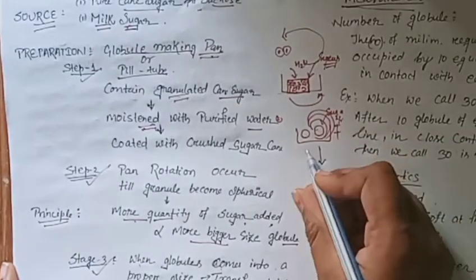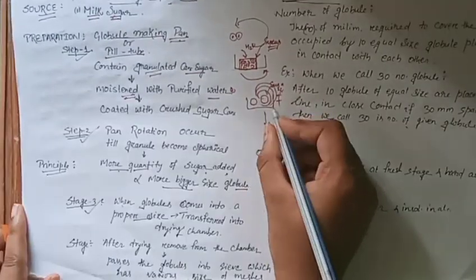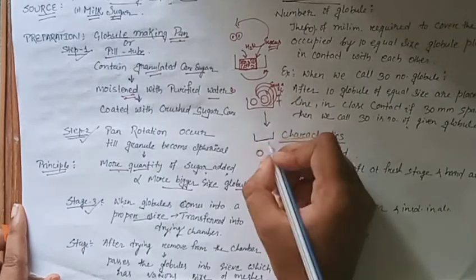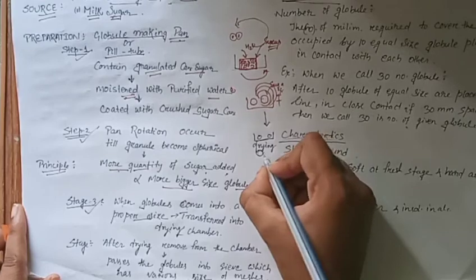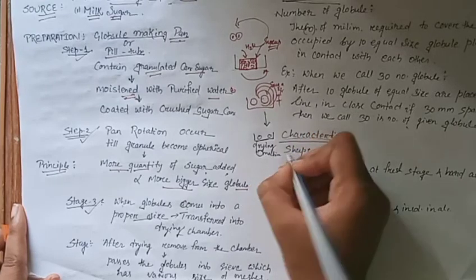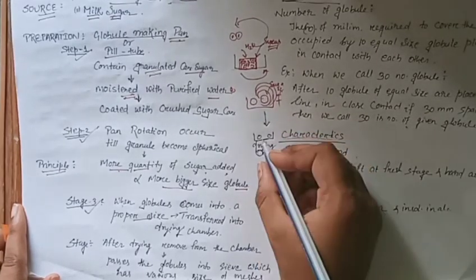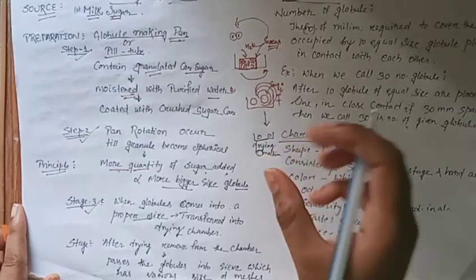Means in stage 3, from the pan we enter these globules into a drying machine. The function of a drying machine is what? It makes the moistened globule into dried form.